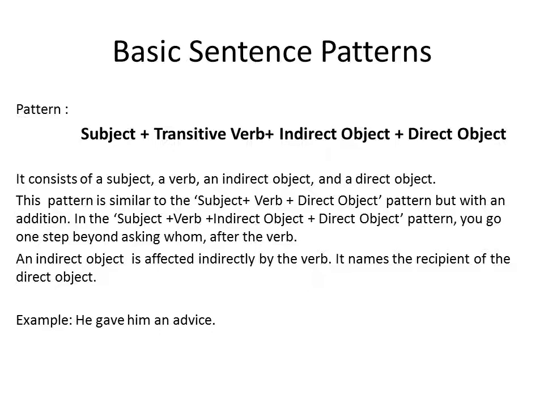In this pattern, you go one step beyond asking whom after the verb. An indirect object is affected indirectly by the verb. It names the recipient of the direct object. Example: he gave him an advice.